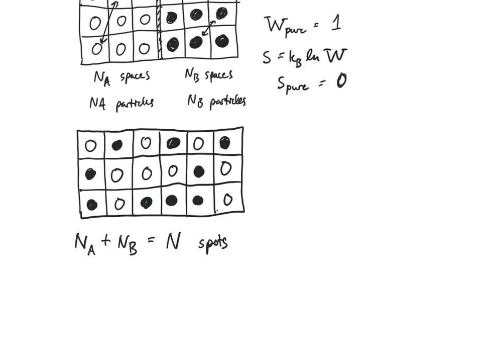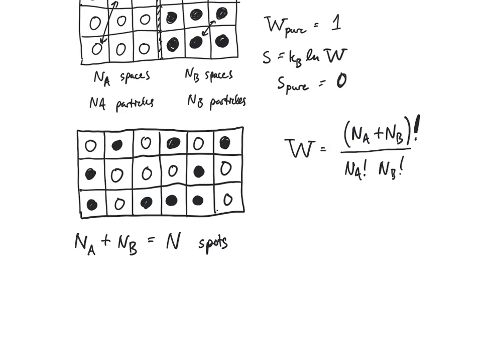All right, and so you can think about it for a while to make sure that it makes sense to you, but the total number of ways to arrange this system is what's called a binomial distribution. And the binomial distribution looks like this. There's going to be NA plus NB factorial on top of a fraction, divided by NA factorial times NB factorial.